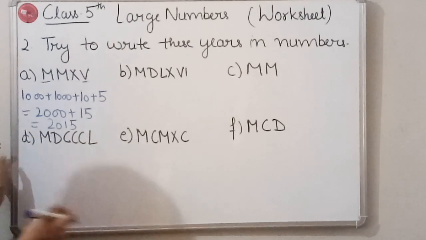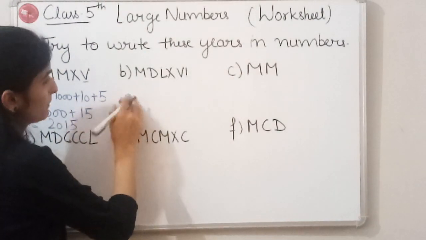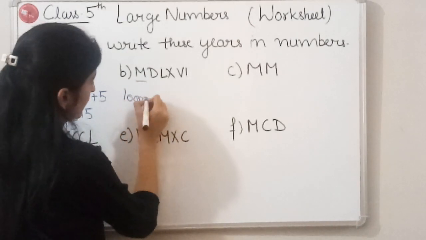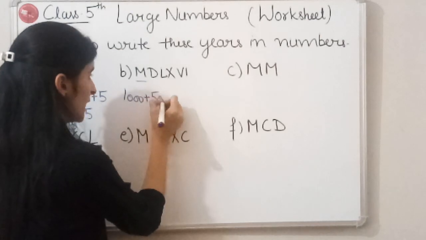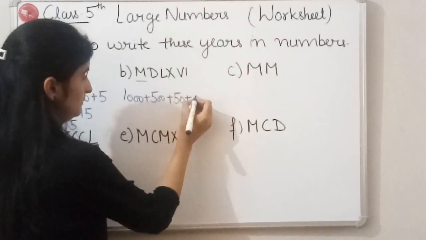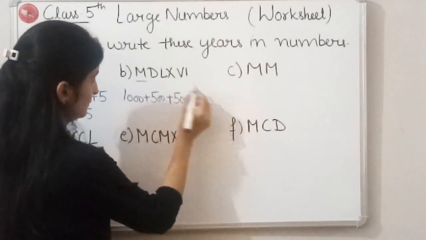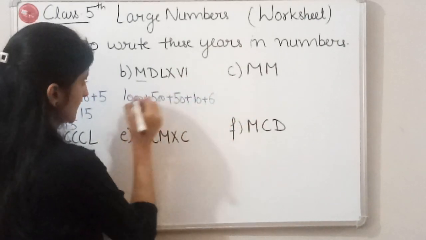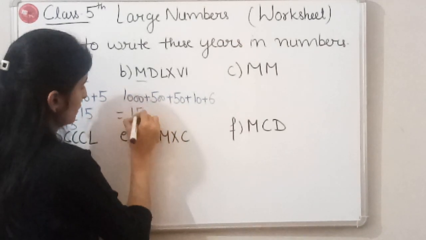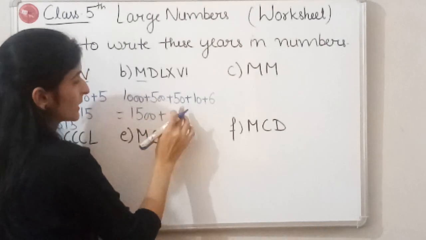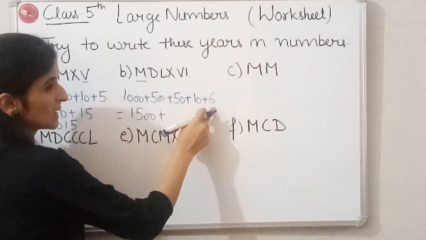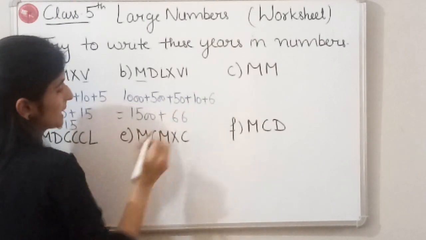Now let's move to B part. Here it's M. M means 1000. D is for 500. L is for 50. X is for 10. And VI means 6. 1000 plus 500 means 1500. 50 plus 10 is 60. 60 plus 6 is 66.